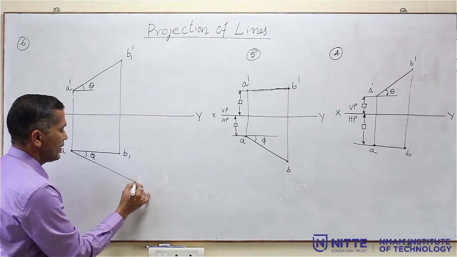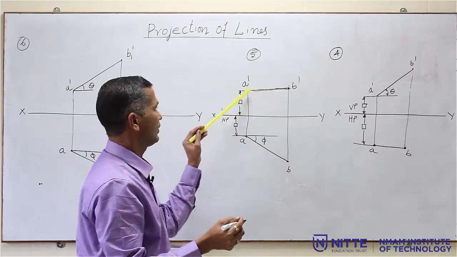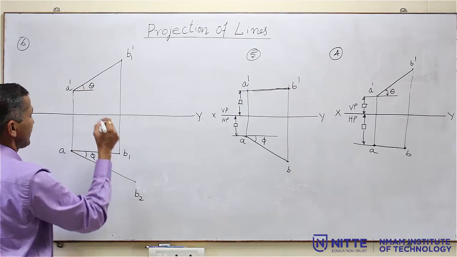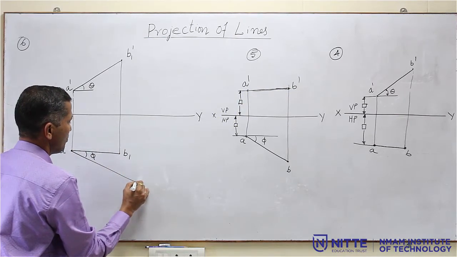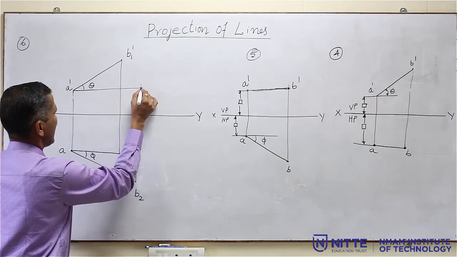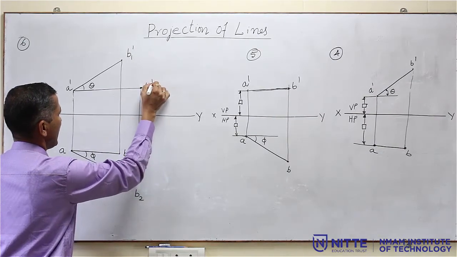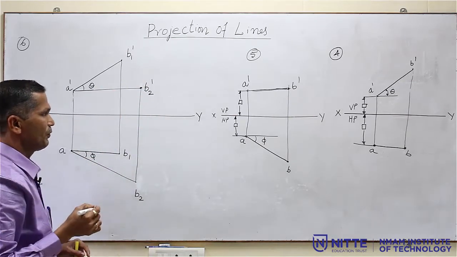Now from here I will draw the front view of this like this. How? I will project A and I will project B2 also, and I will get B2 dash.